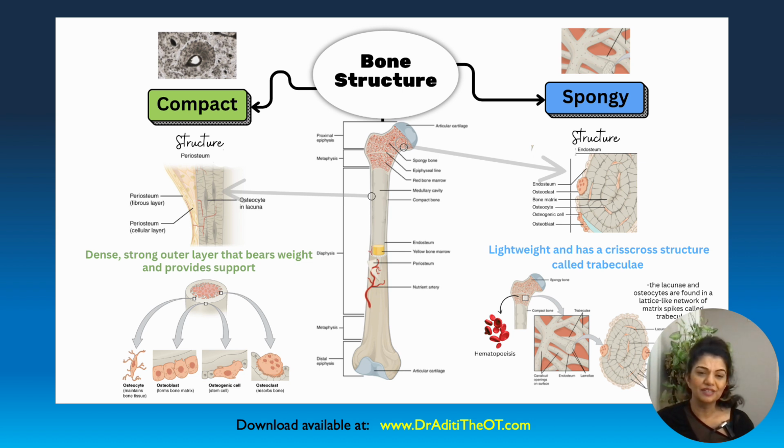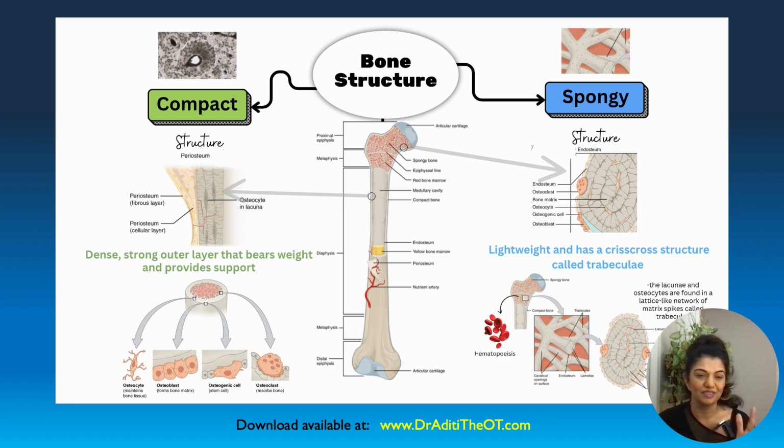But basically, you can see we have bone structure here. We're looking at compact and spongy bone, and you can see the very distinct definition here. Compact has those concentric circles. Spongy has that matrix of trabeculae, right? And then we're also looking at the structure of where osteocytes are, what it looks like inside.